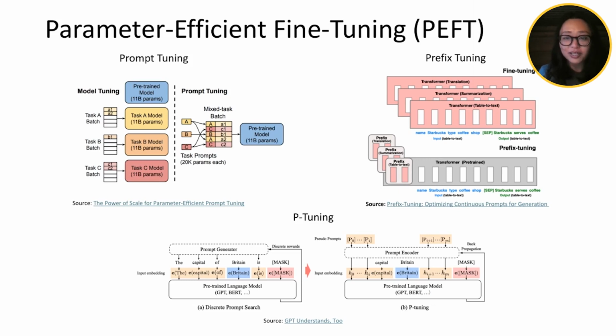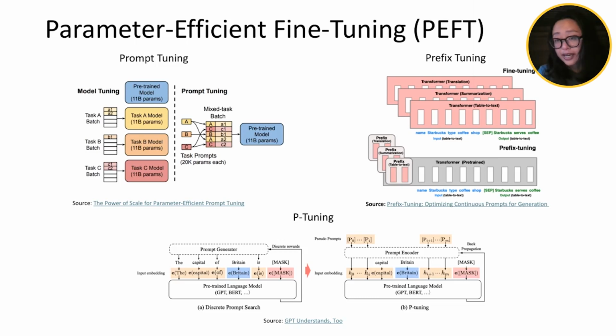P-tuning is related to prefix tuning, except instead of putting it in the beginning of each layer, you can have that infix in any part of it, and use more LSTM-based encoders to do your prompt tuning and have other specialized tokens.